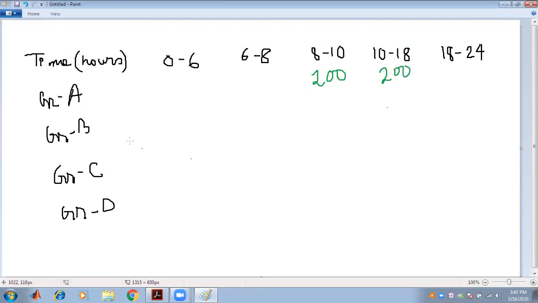Group A is not operating in the other time periods.